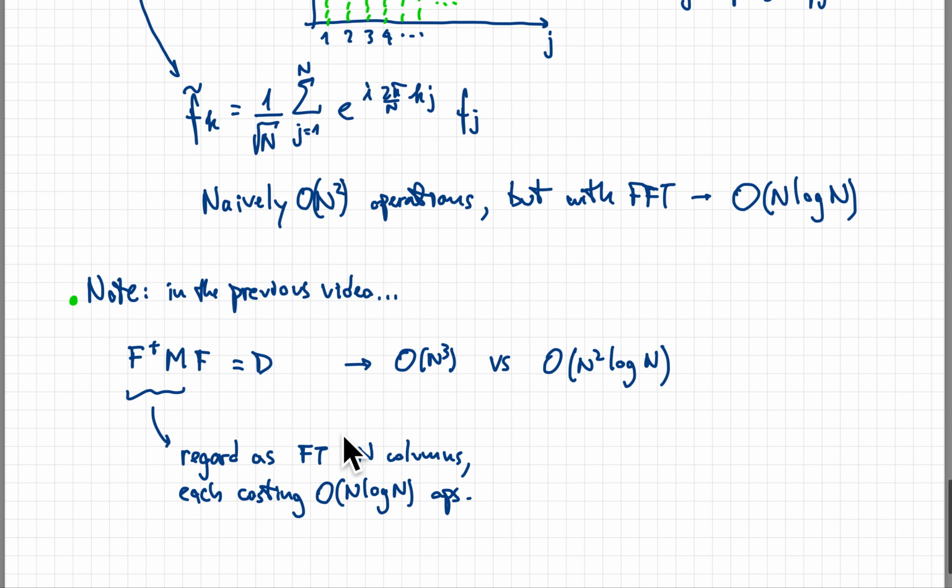This is very important for matrices M, as I mentioned in the previous video, that represent differential operators, because in many cases it's possible to take a discrete Fourier transform and effect this transformation and obtain a diagonal matrix.